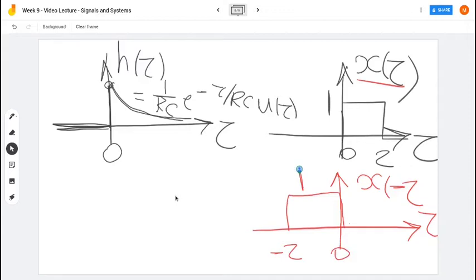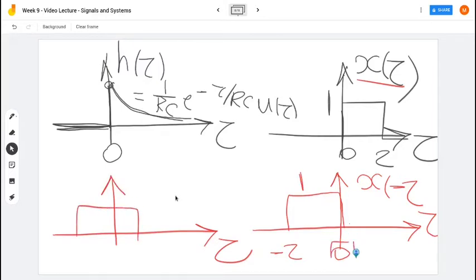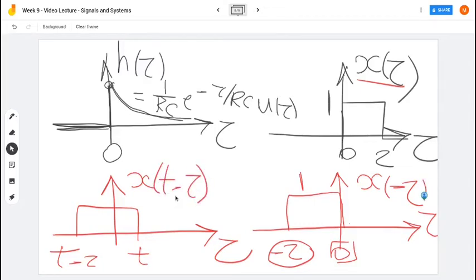And then I will start shifting the signal. So this 0 becomes t, and this minus 2 becomes t minus 2, and this would be x of t minus tau. And now we'll start changing the value of t and observe the intersection and perform the integration.